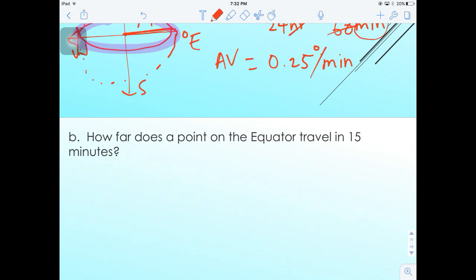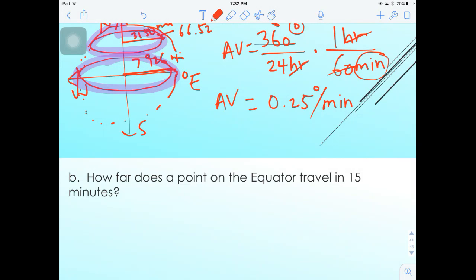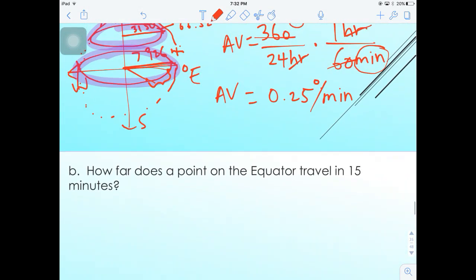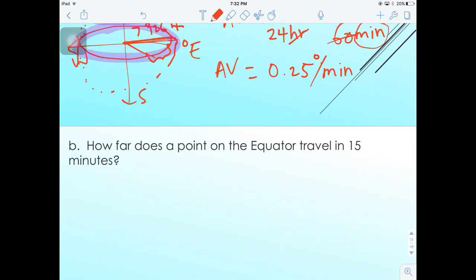Part B: how far does a point on the equator travel in 15 minutes? If you're just jumping on this dot, in 15 minutes, how far can you travel? So you're looking for the arc length right there. We start with the rate that we just found, and multiply that by the time, because distance equals rate times time.